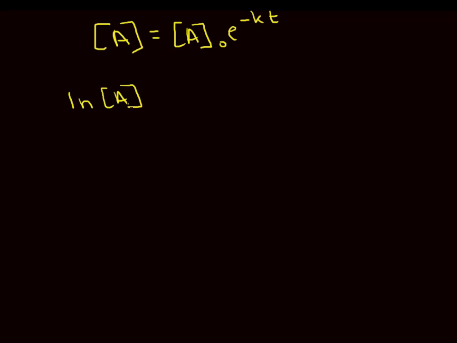So now let's go ahead and set up our first order rate kinetics, and remember that that is A equals A naught e to the minus kt. And if we are comparing our instantaneous concentration to our starting concentration, that would be the natural log of A minus the natural log of A naught equals minus kt.